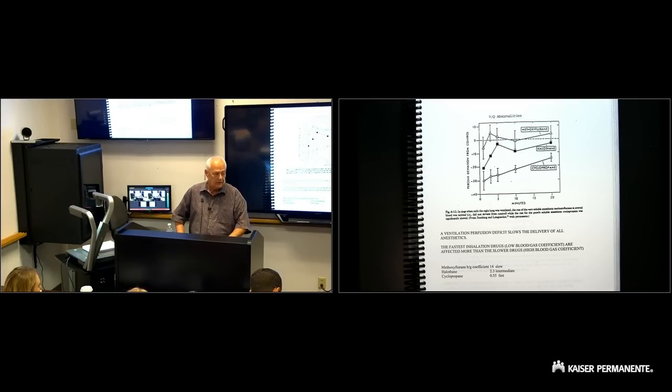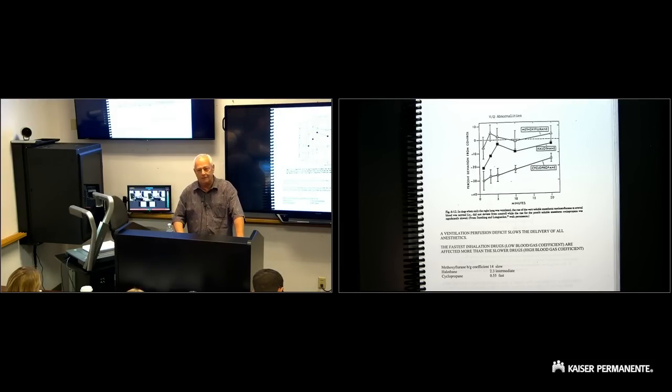Well, part A is they're going to go to sleep more slowly, and part B is the more rapid anesthetics are going to be affected more than the slower anesthetics. All right? So that's the punchline. That's the end of the story. But let's go back and figure out why.